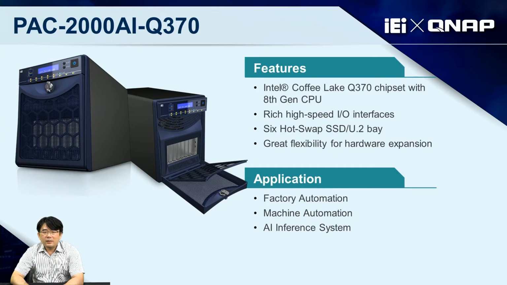The PAC 2000's main function supports the 8th generation Intel CPU, has a high-speed I/O interface, and supports hot-swappable SSDs. It provides the data space required by the database and can be applied in smart factory, manufacturing, networking, and AI inference.